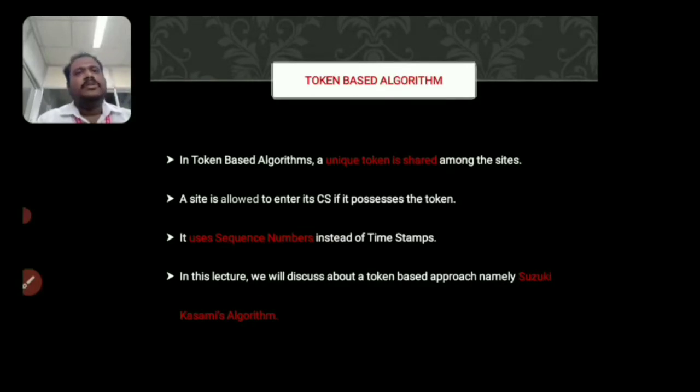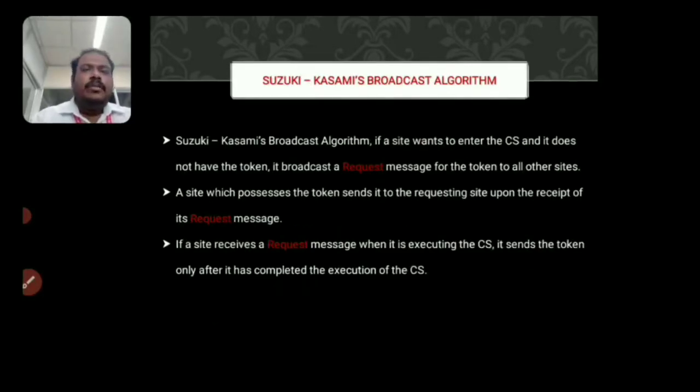In this lecture, we are going to see the Suzuki Kasami broadcasting algorithm, which is one of the token based algorithms. In the Suzuki Kasami broadcasting algorithm, if a site wants to enter the critical section region, it must possess its token.